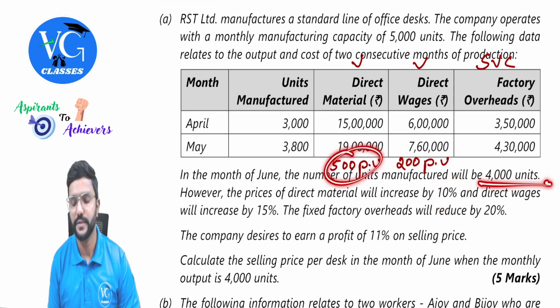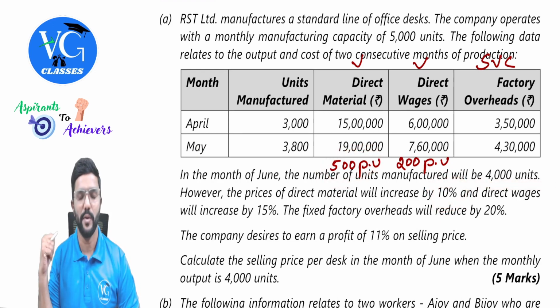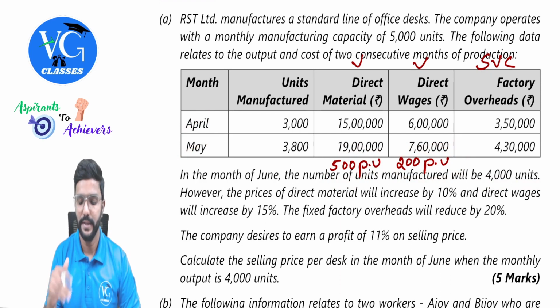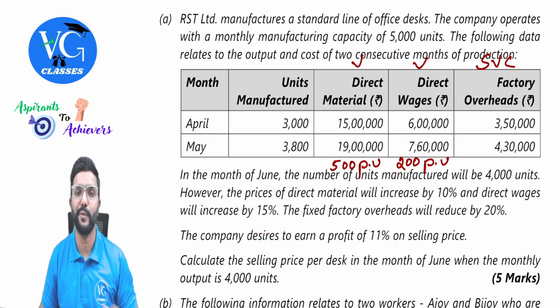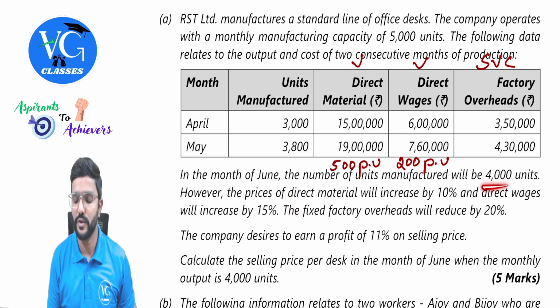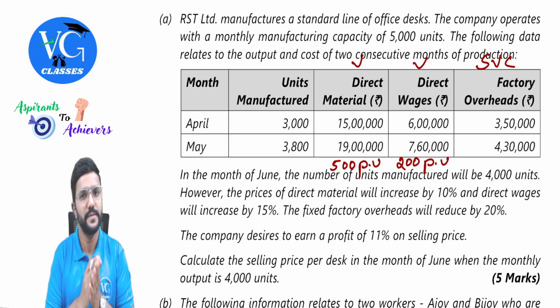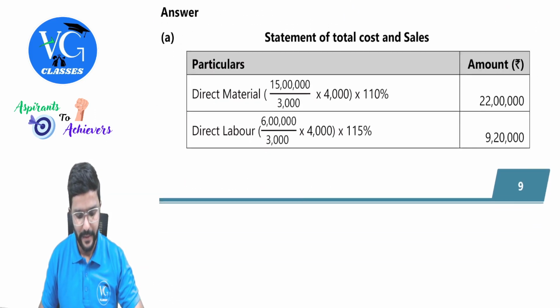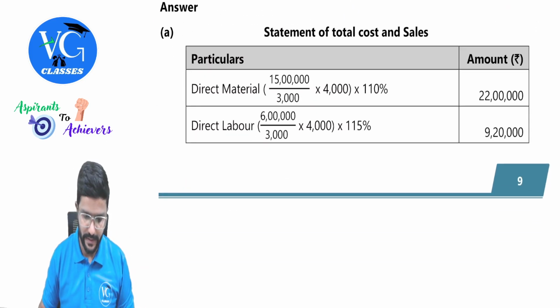Multiply that with units, 550 into 4,000. You will get the same amount. Same way, variable direct wages per unit is how much? In the April or May month, 200. Now it will increase by 15%. That means increased cost is 230 per unit. Multiply that with 4,000 units. You will get the same amounts, guys. Alternatively, you can do like this also. Got it? Yes.